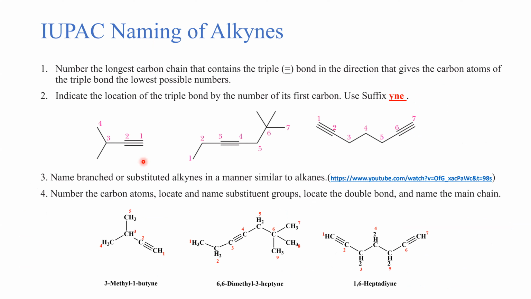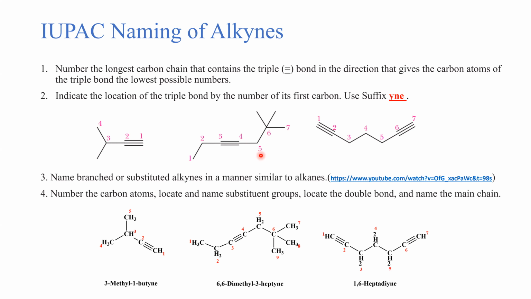You have to pick the longest chain which includes the triple bond, right? So here this is 1, 2, 3, 4. You can name it either way, 1, 2, 3, 4, because both sides are equivalent. The other methyl group will be treated as a substituent.